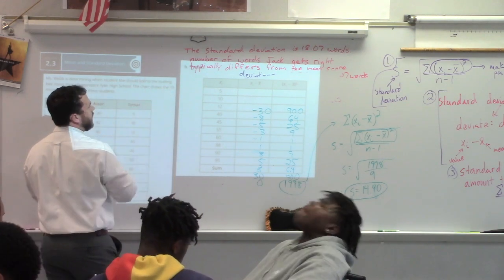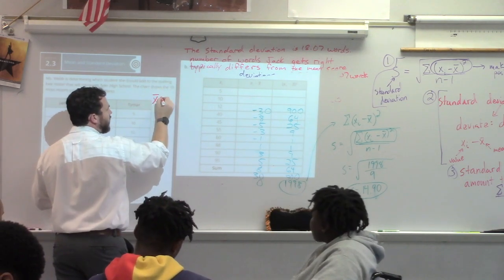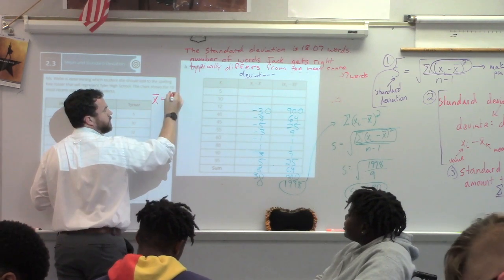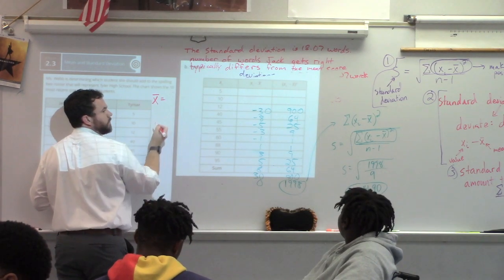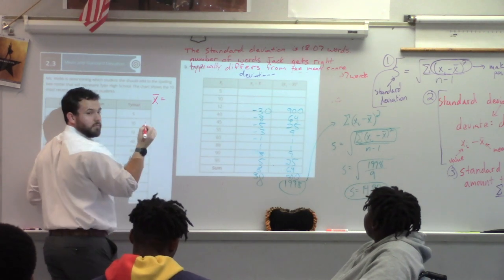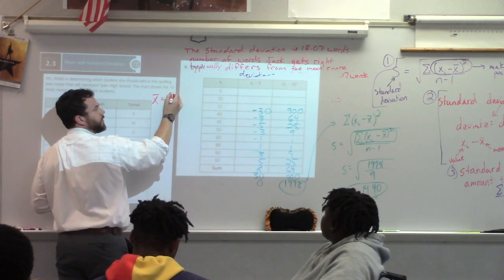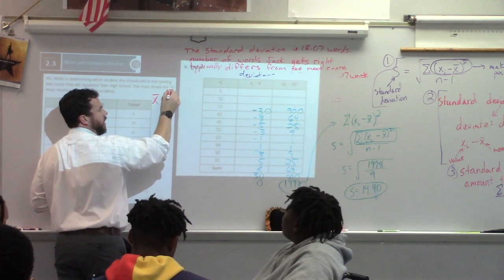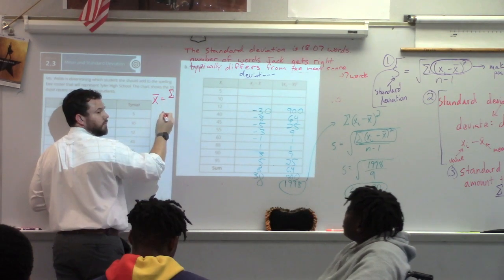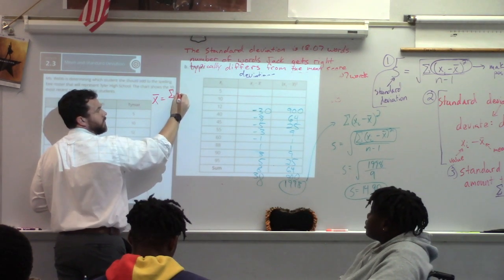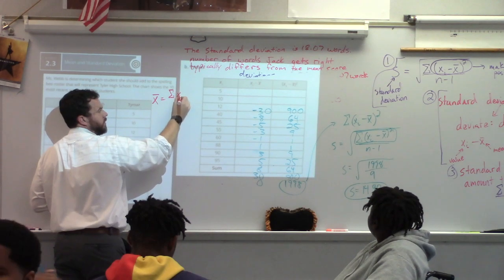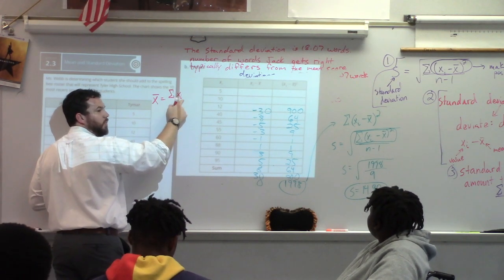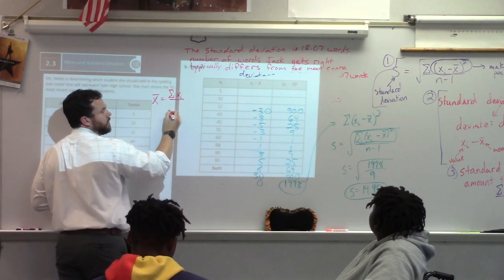First, write out the formula. What's the formula? X bar equals sigma, the sum of x sub i, remember that x sub i is the sum of all the values.